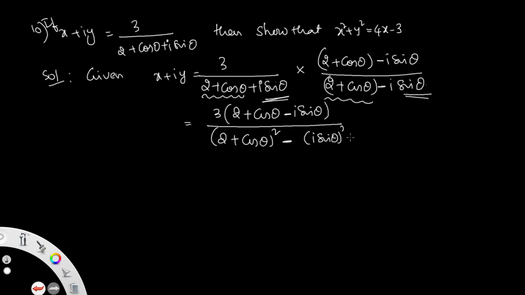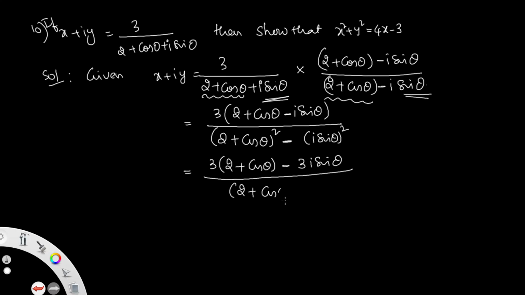The numerator is 3 into (2 plus cos theta) minus 3i sin theta, multiplying real part to real part and imaginary part to imaginary part, divided by (2 plus cos theta) whole square plus sine square theta. Why? Because i square is minus 1, and the minus before it becomes plus.